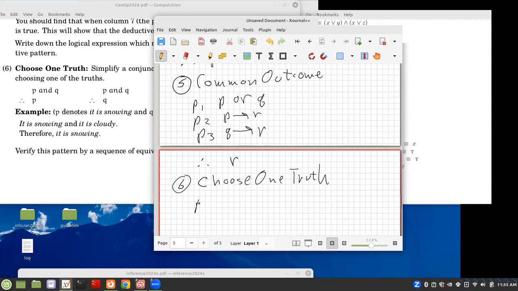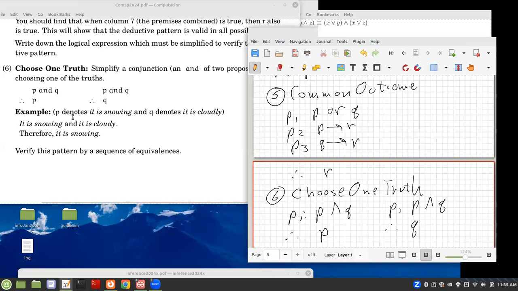This one has one premise, P and Q, and therefore we conclude P. An alternative form is premise 1 is P and Q, the same one, and therefore Q. So there's 2 possible conclusions. So what we're saying is if we know that P is true and Q is true, we can then disassemble that and assume that P is true. Alternatively, disassemble that and assume Q is true.